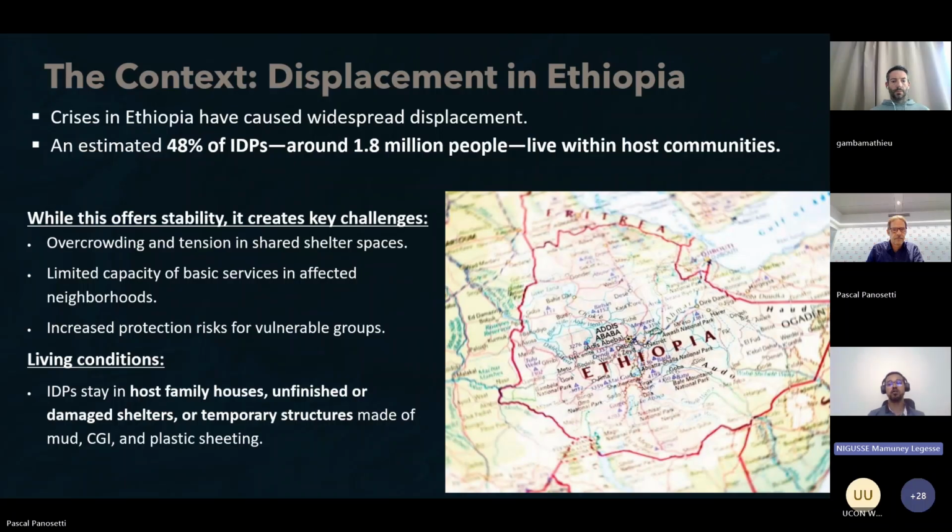So some of the issues that have been coming out from different assessments are that we have quite overcrowded and a little bit tense shared shelter spaces, basically due to the unaffordability of renting, or the hosting families being economically overstrained, and the limited capacity of the hosting as well as the hosted IDPs to afford services within the affected neighborhood.